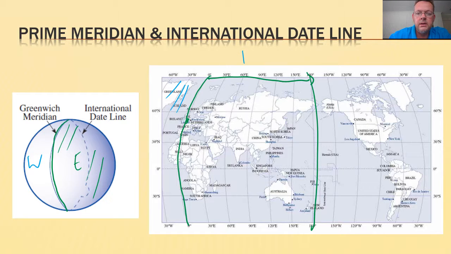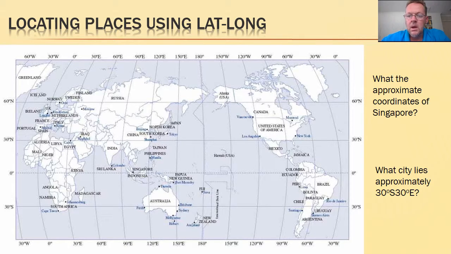There are 180 degrees of east. There are 180 degrees of west, and that's quite helpful because you add them up together and it's 360 degrees, and so that's a whole circle. We've looked at places like Singapore and said, okay, how do we locate Singapore? We read latitude, then we read longitude.